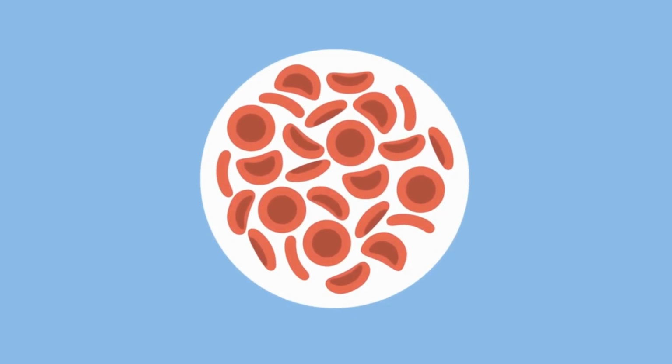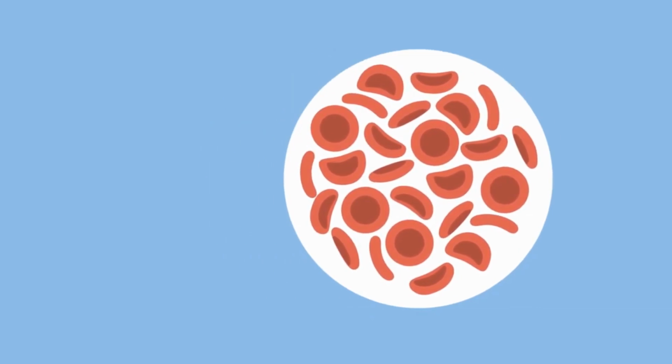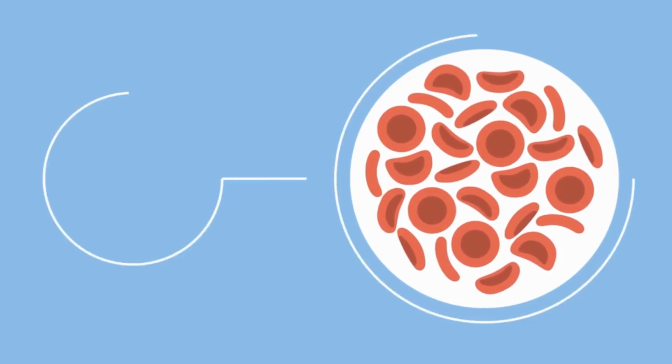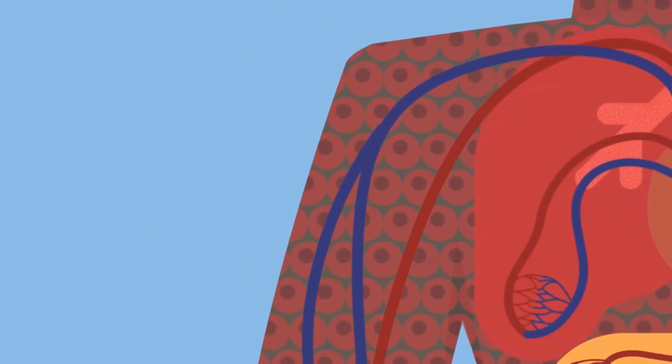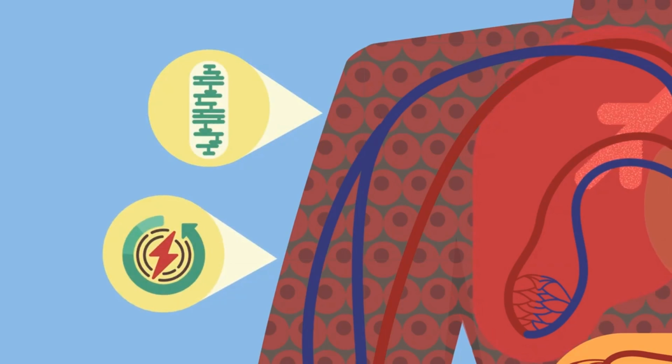Okay, I hear you say, that's great. We have lots of these cells, but what do they actually do? Well, they have one very important function, and that is to transport oxygen around the body. Every cell in the body needs oxygen in order to carry out aerobic respiration and release energy.